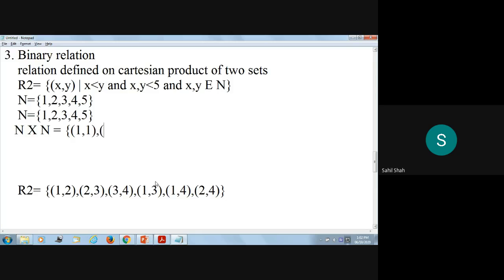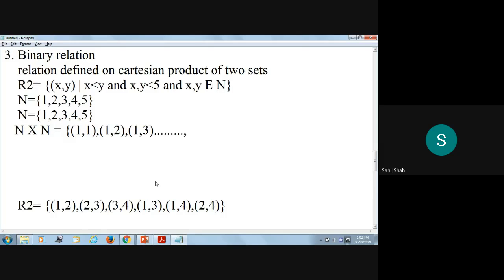The next pair will be 1 comma 2. Then the other pair will be 1 comma 3 and so on. This is for 1. Then I will pair up 2 with 1, 2 with 2, 2 with 3 and so on. In a similar manner, I will have a total of 25 pairs in N cross N.